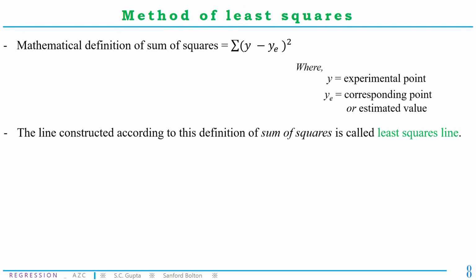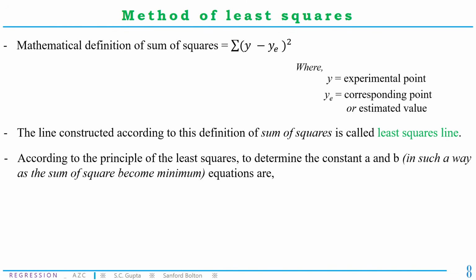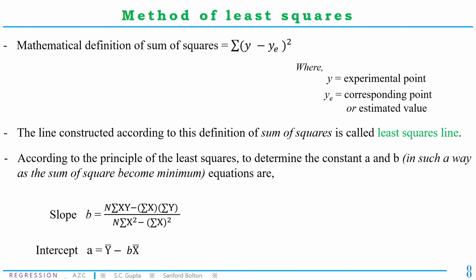The line constructed according to this definition of sum of squares is called the least squares line. According to the principle of least squares, the constants a and b are determined in such a way that the sum of squares becomes minimum; equations are given below. Slope is denoted as b, while a represents intercept.